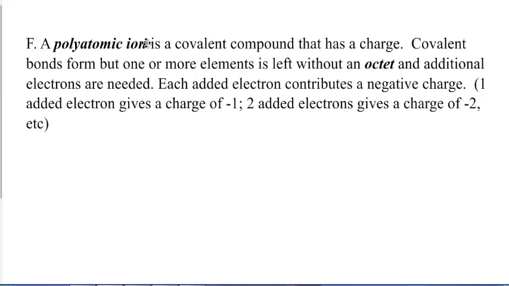Covalent bonds form, but one or more elements is left without an octet, and additional electrons are needed. Each added electron contributes a negative charge. So if we add 1 electron, the charge of the polyatomic ion is -1. If we add 2 electrons, the charge will be -2, etc.